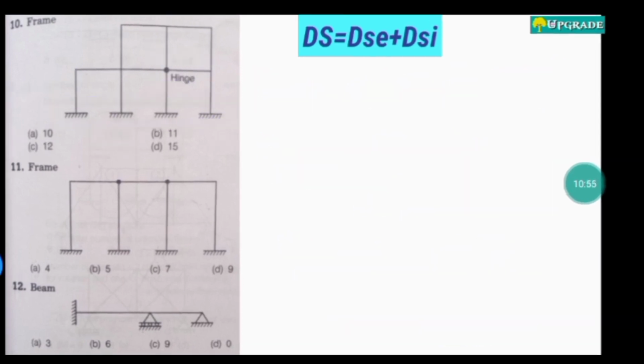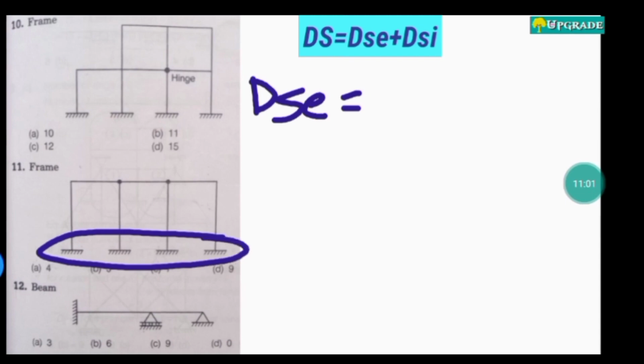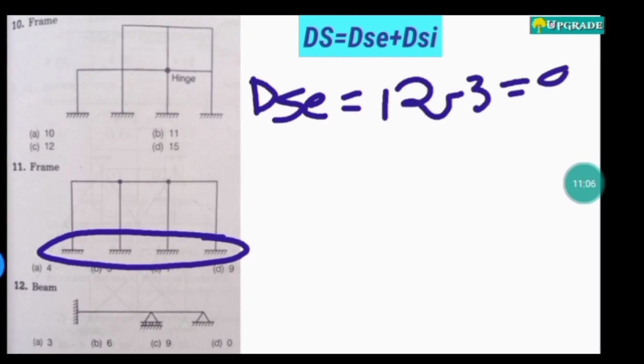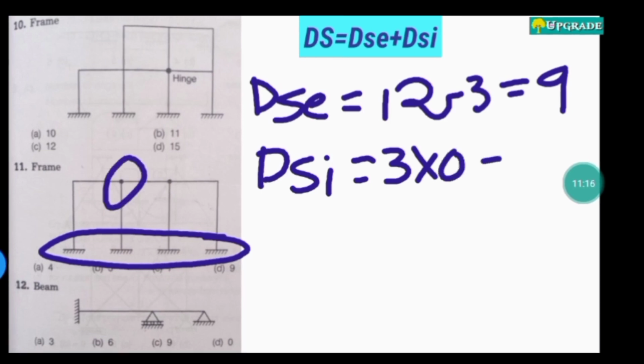So now move to question number 11. So that is DSC. So this also same supports. So that is 12 minus 3. So therefore, so this is 9. And DSI equal to 3 into, so closed loops 0. So minus released reactions. So this hinge connected to 3 members.